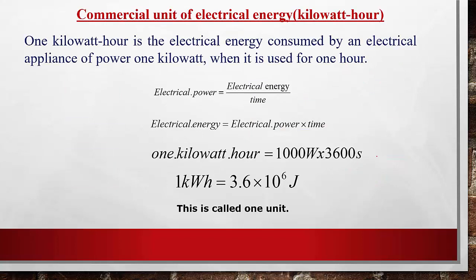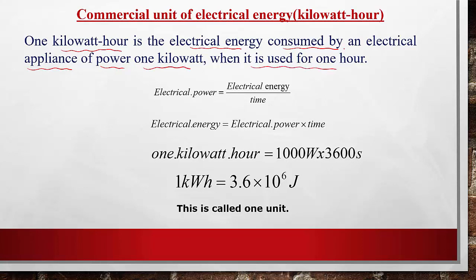Next part, commercial unit of electrical energy. Commercially, which unit do we use to find the electrical energy? That is the kilowatt hour. Kilowatt hour is the commercial unit. 1 kilowatt hour is the electrical energy consumed by an electrical appliance of power 1 kilowatt when it is used for 1 hour.